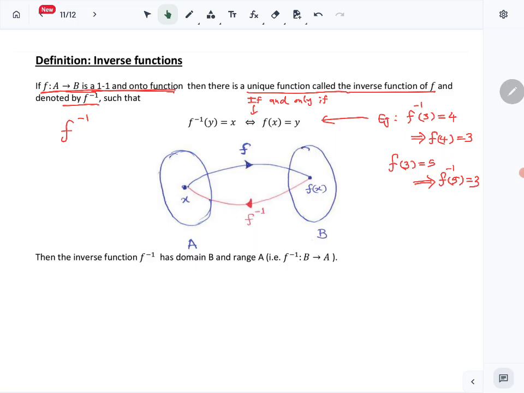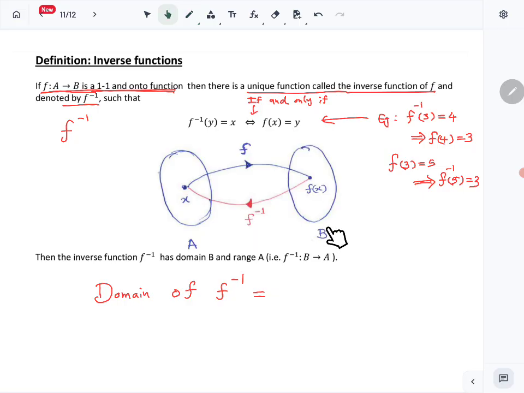So, function f goes from A to B. f inverse goes from B to A. Remember that. f inverse is the reverse function. You are going from B to A. So then, domain of f inverse is going to be what?